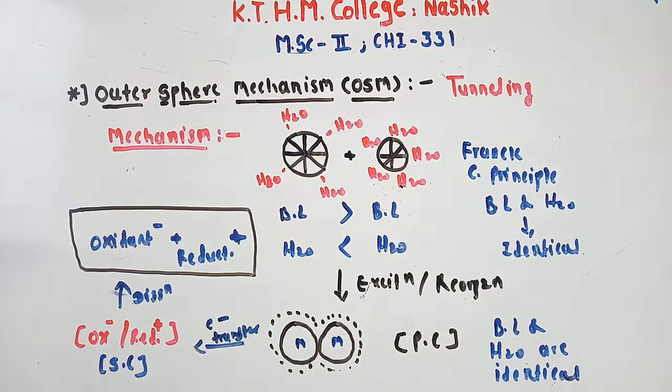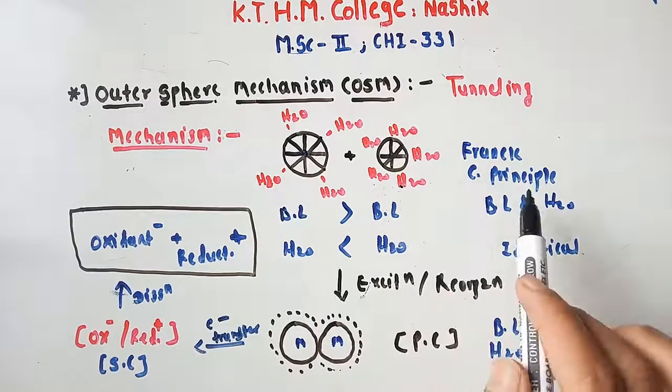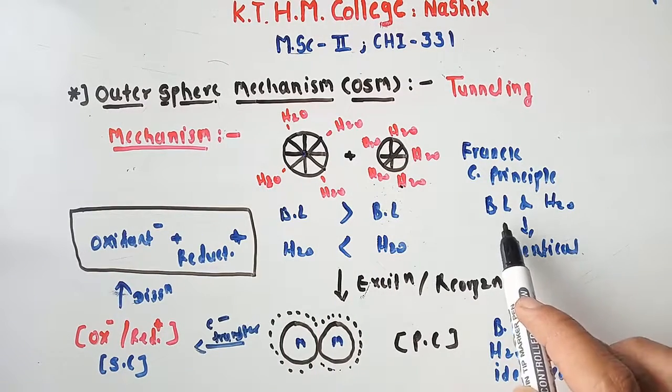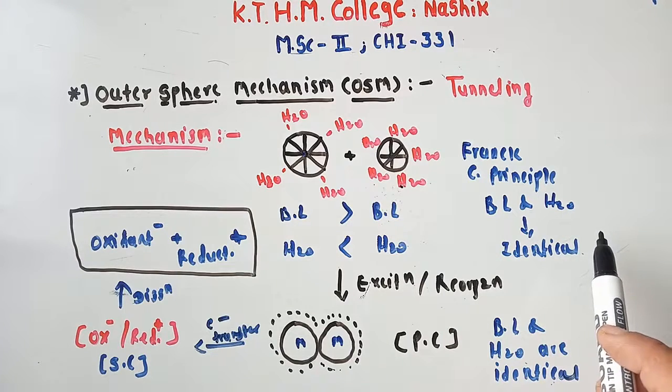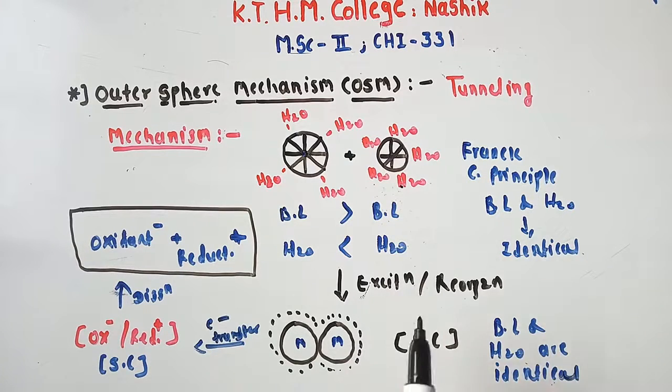But if there is electron transfer between two species, according to the Franck-Condon principle, the bond length and water molecules for such a transition should be identical. So obviously there is excitation and reorganization of these species, and formation of the precursor complex in which bond length and water molecules are identical.